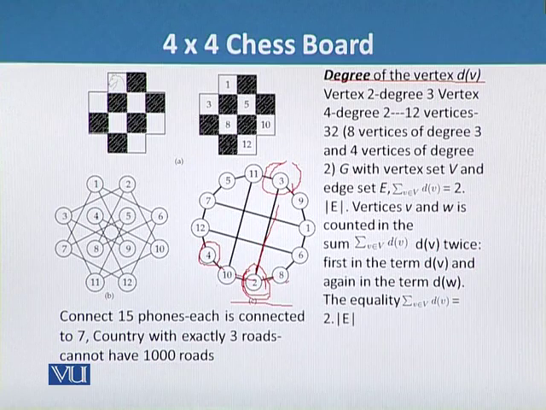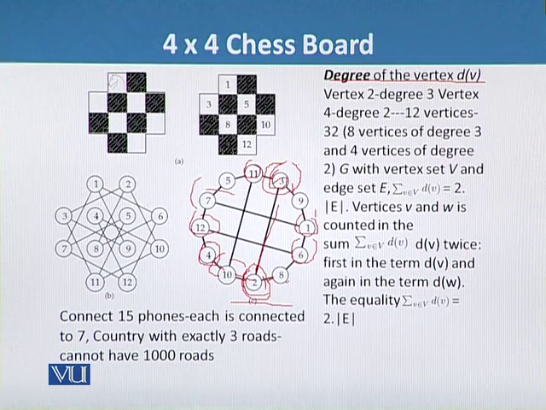So the sum of the degrees of all 12 vertices, we can see this is starting from 1 and these are 12 vertices. In this case, there are 32 degrees, and in these 32 degrees, 8 vertices, namely 11, 3, 2, 10, 12, 7, 1 and 6, these 8 vertices are connected by 3 other vertices.